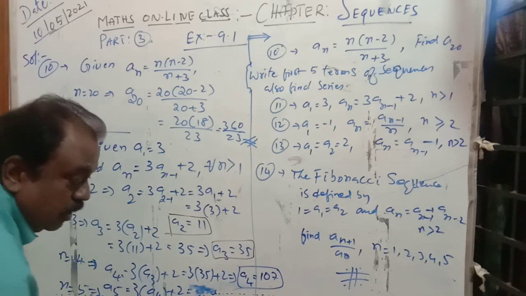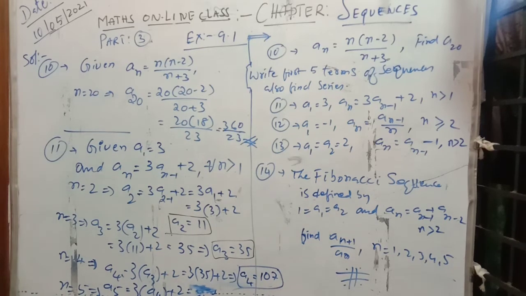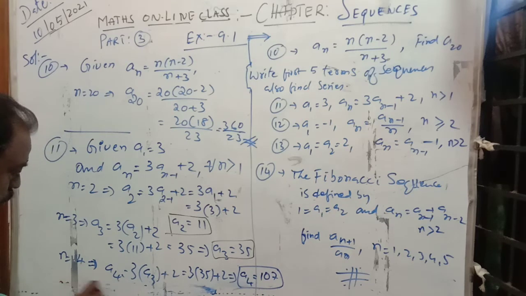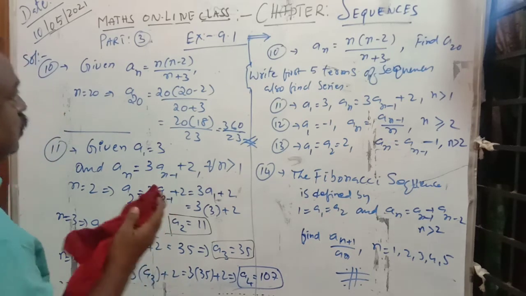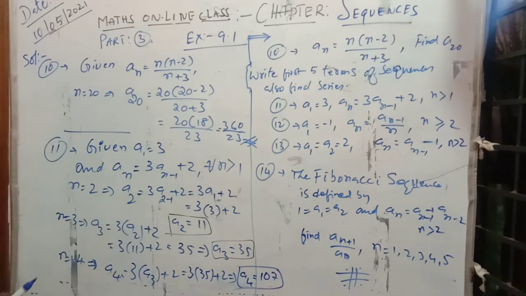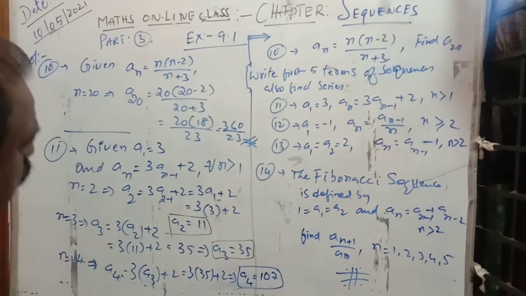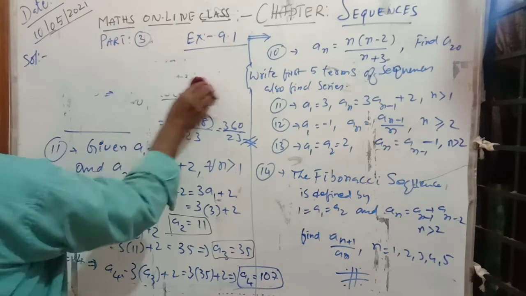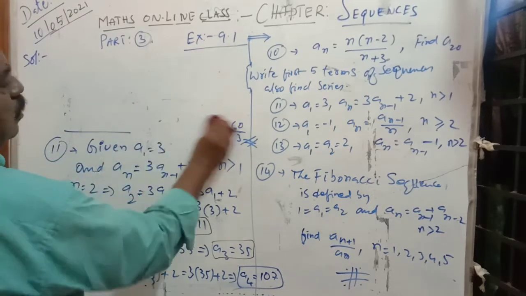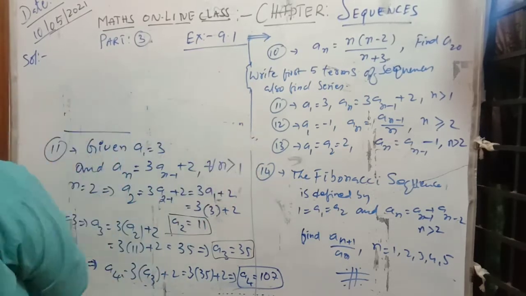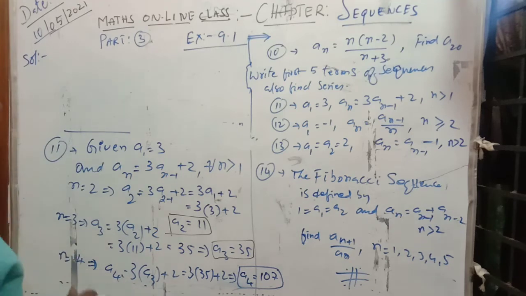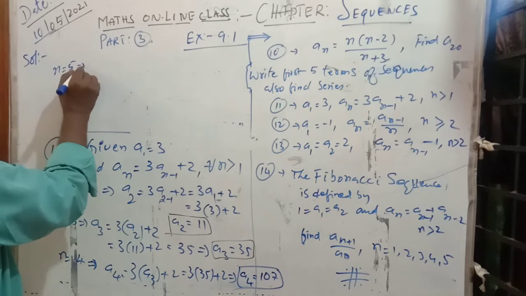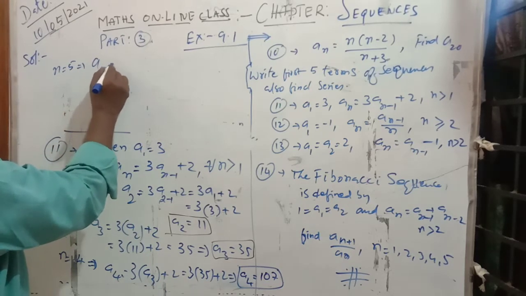I will write it again on the upside because it will not be shown. Please observe. N is equal to 5, that is A5.